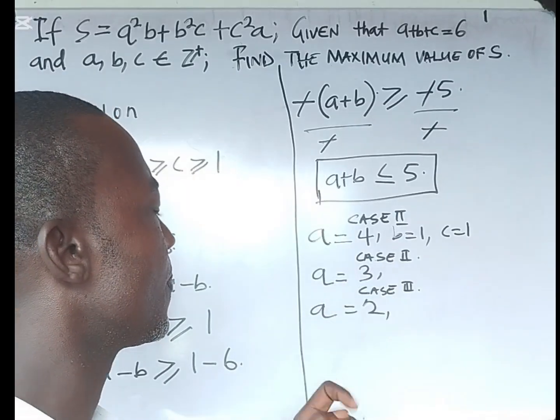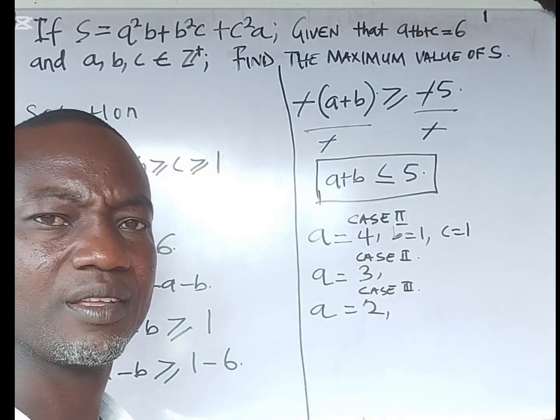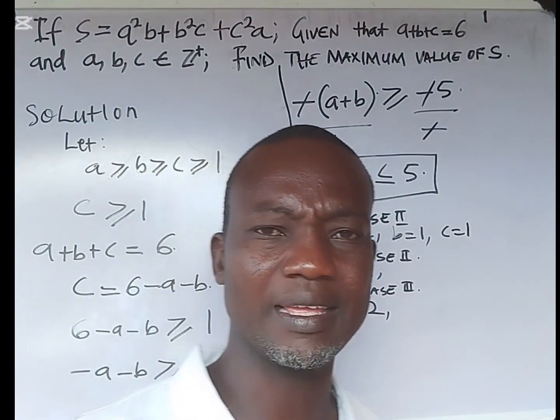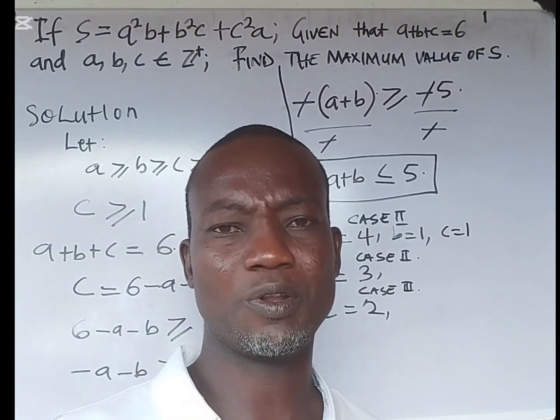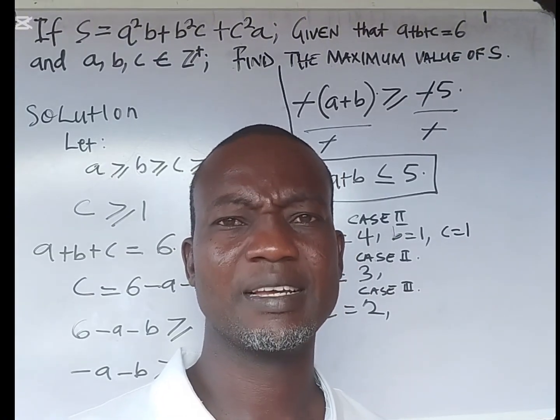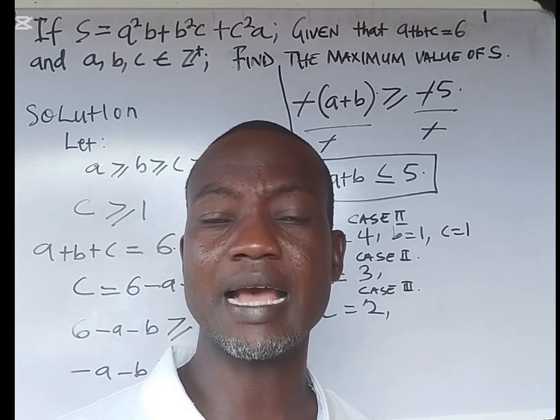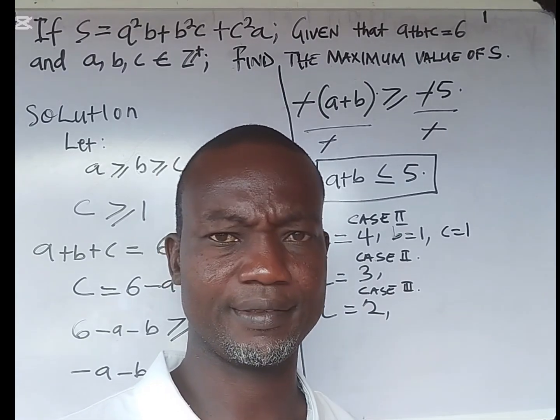This is what we're going to get in case 1. So for case 2, A is equal to 3. Then if A is equal to 3 and A plus B plus C is equal to 6, then C and B are left to share 3.